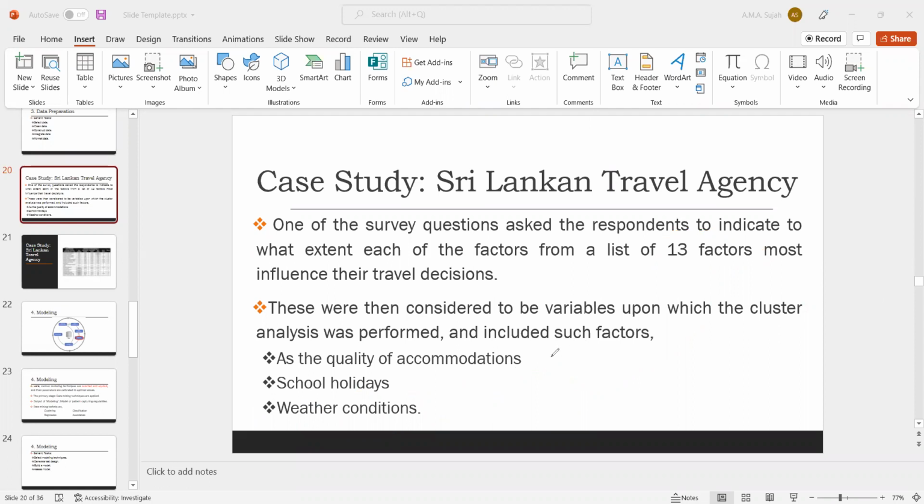So in data preparation, what you need to do is check the attributes, how many people answered all the questions, and whether there are any missing values in some factors. If they have missing values, you need to try to fill them. Sometimes you need to remove these tuples. That also happens in data preparation. Here they find the important factors that influence the decision making of the tourist. Also, you can look here.